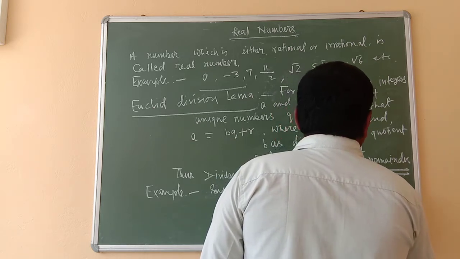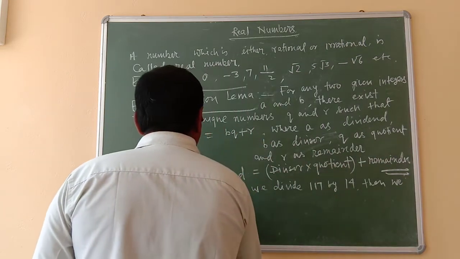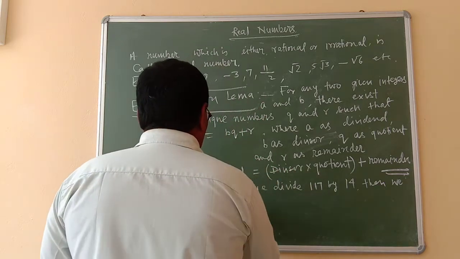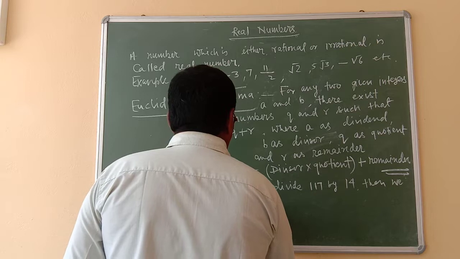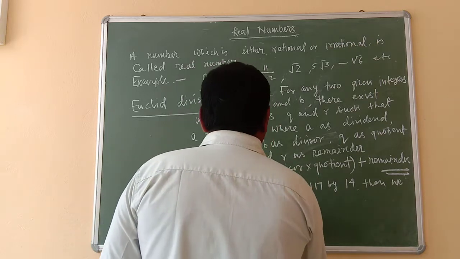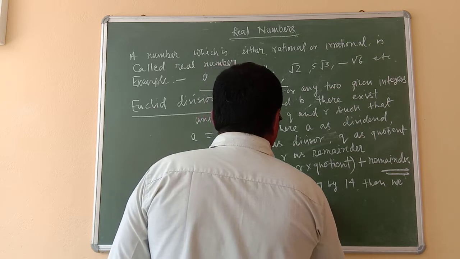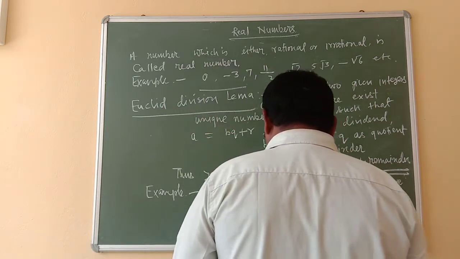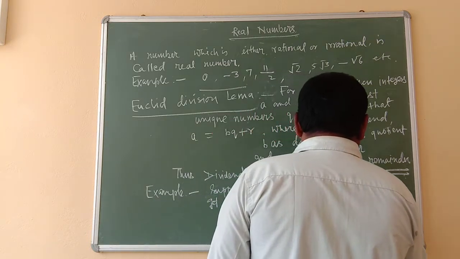Then we get 8 as the quotient and 5 as the remainder.